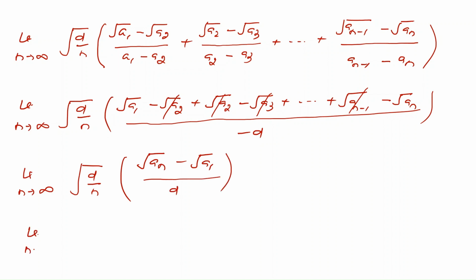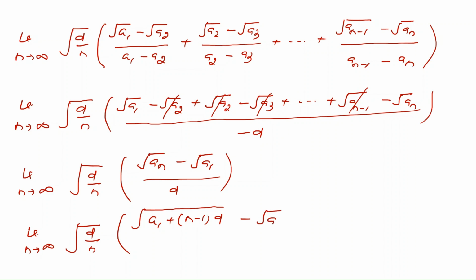And writing an, the nth term, as a1 plus (n minus 1) into d, we get (square root of (a1 plus (n minus 1) d) minus square root of a1) by d.